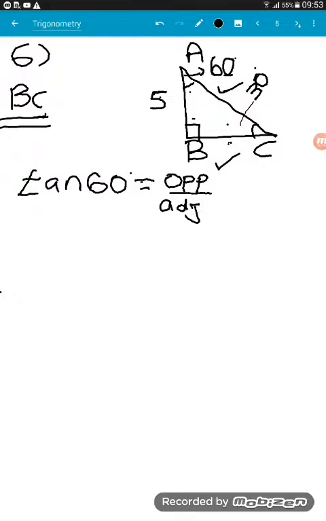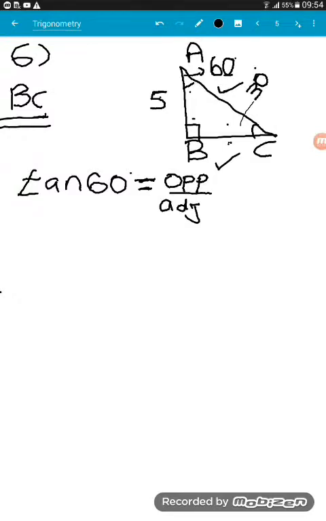OPP means opposite and ADJ means adjacent. So this is the formula we learned for tan, that I wrote over here. And now tan 60 is nothing but root 3.